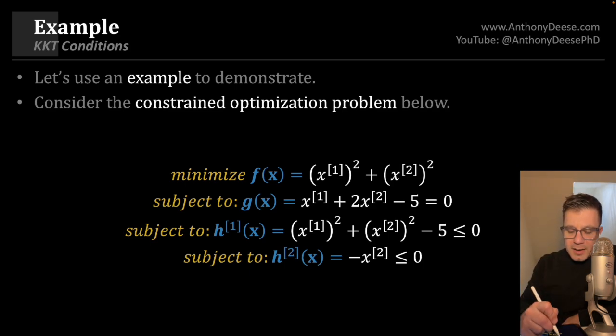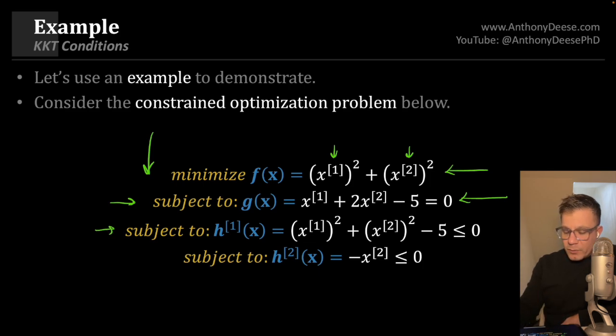So consider the example down here below. We're trying to minimize an objective function, which is x1 squared plus x2 squared. Again, these are just the indices. It's subject to an equality constraint, x1 plus 2x2 minus 5 equals 0. It's subject to two inequality constraints. One is that x1 squared plus x2 squared minus 5 must be less than or equal to 0.